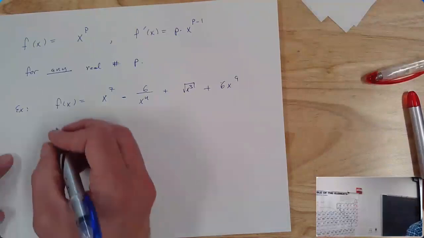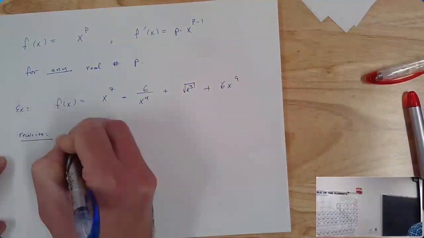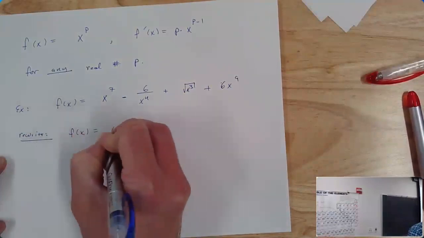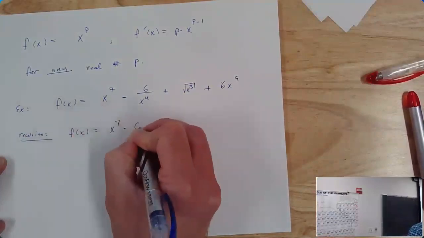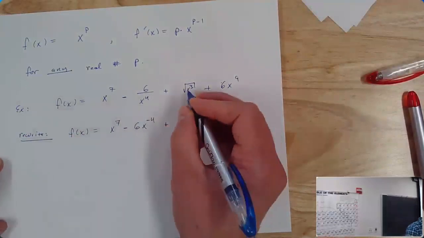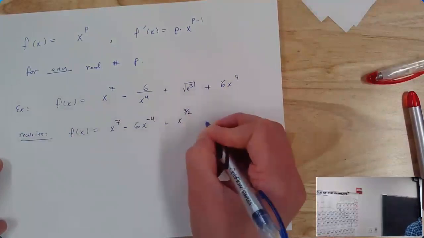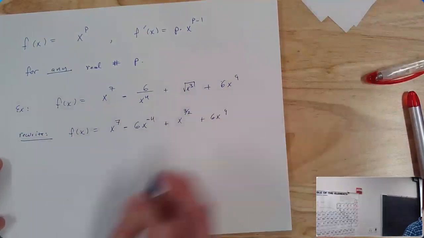So I want to rewrite this as f of x equal to x to the 7th minus 6 times x to the negative 4th plus x to the 3rd to the 1/2, which is x to the 3/2 power, plus 6x to the 9th.